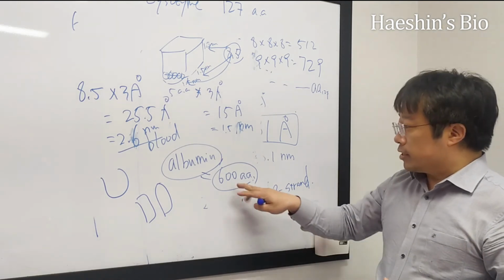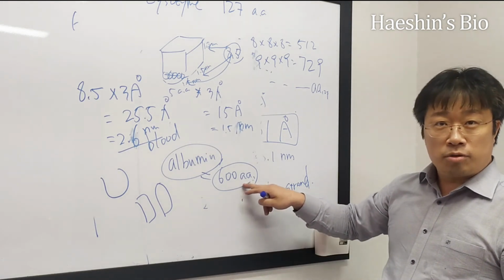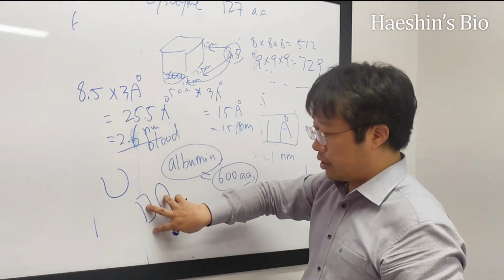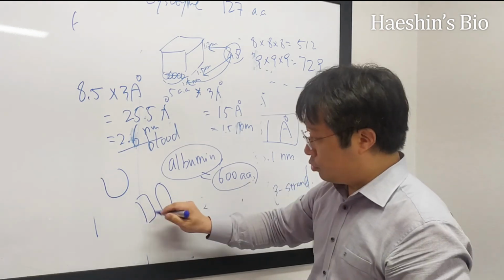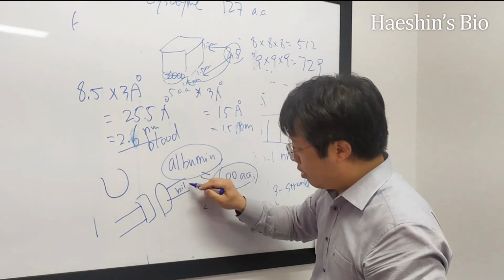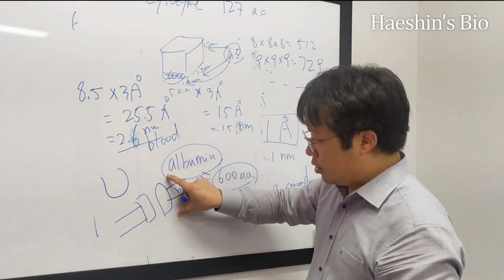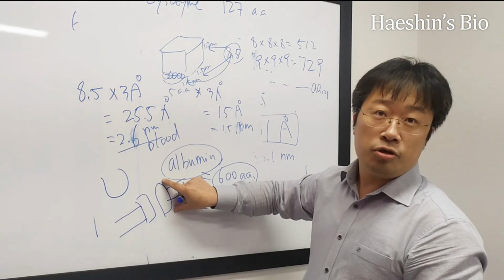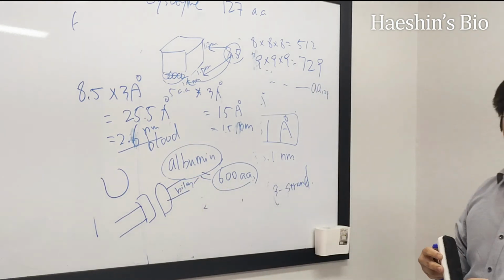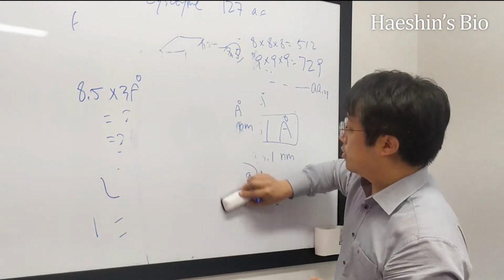So probably a protein with about this number of amino acids, or a little bit less or a little bit more, is already enough to span this bilayer membrane of the cell, which has a thickness of 2.4 nanometers, or a little bit larger. Okay, so this is how we calculate the protein size.